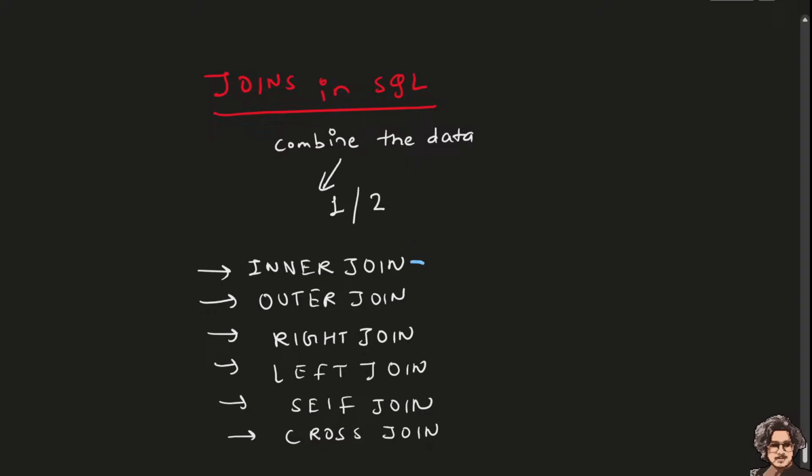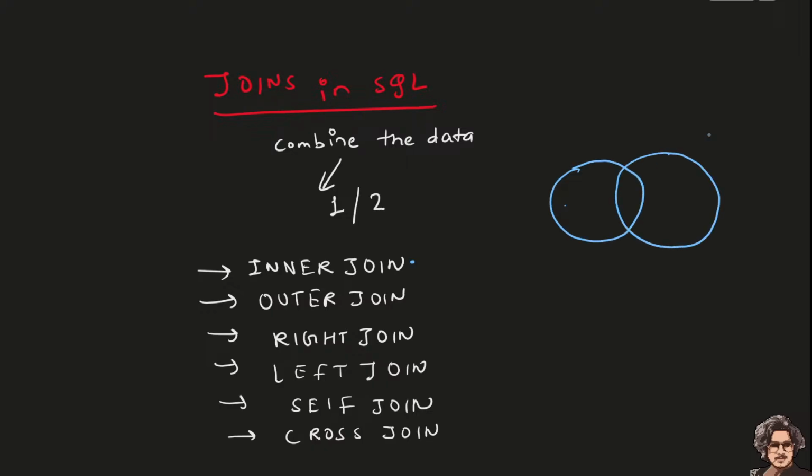So when we're talking about the inner join, it returns all the matching rows from both tables. Just treat this as one table's data, and this as another table's data.